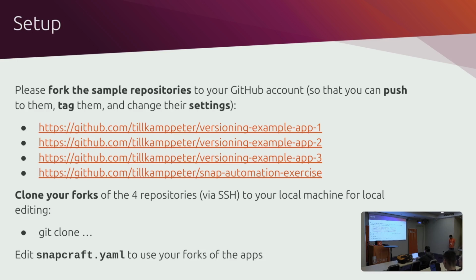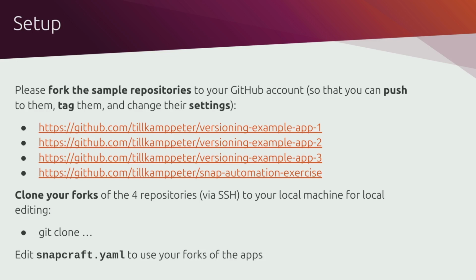And for forking, what I usually do is go to the web interface of the GitHub, and at the top right there's a fork button. With this fork button, you can fork it into your account. When forking, simply keep the original name.